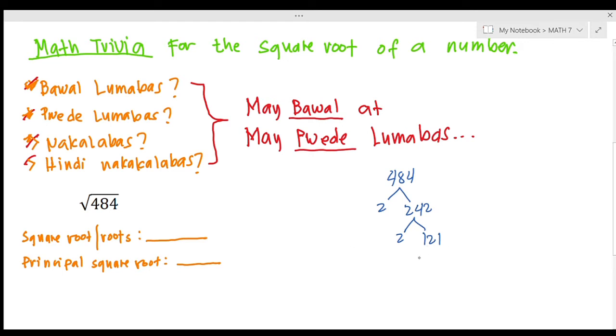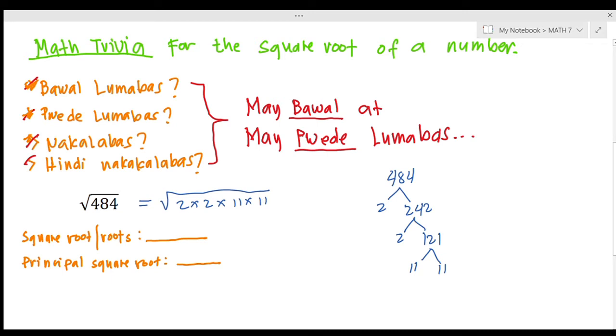So 121 divided by 11 is 11. After we find all those factors that compose 484, we put them inside the radical symbol. So we have 2 times 2 times 11 times 11.